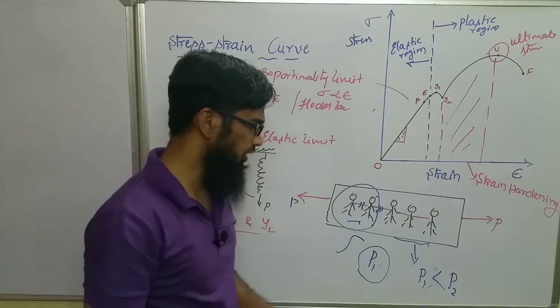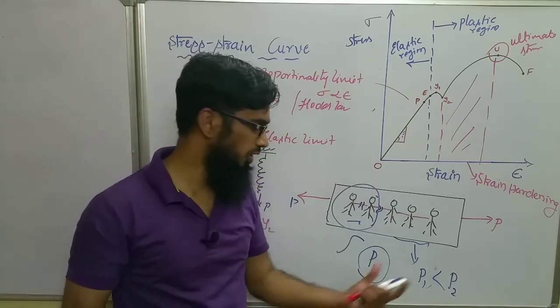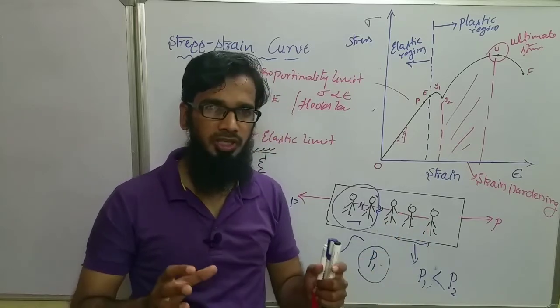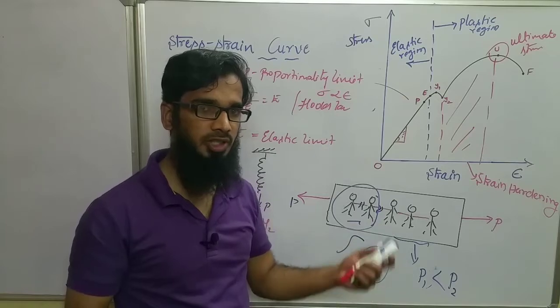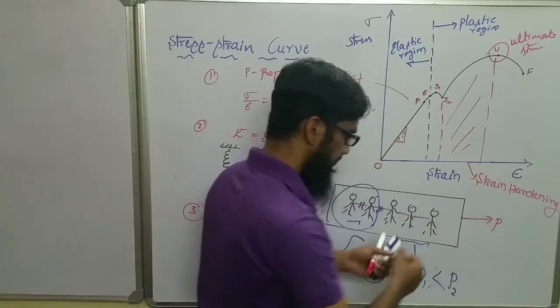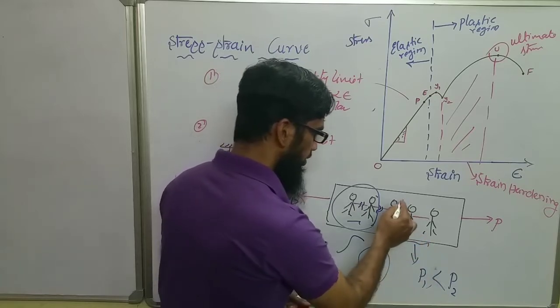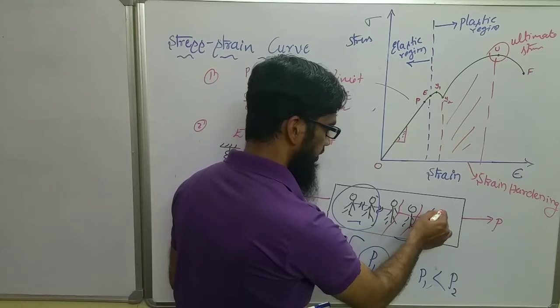The reason is that everyone has some kind of capacity. After that, everyone has to reach the failure point. So even if more load is applied, this member will also fail.